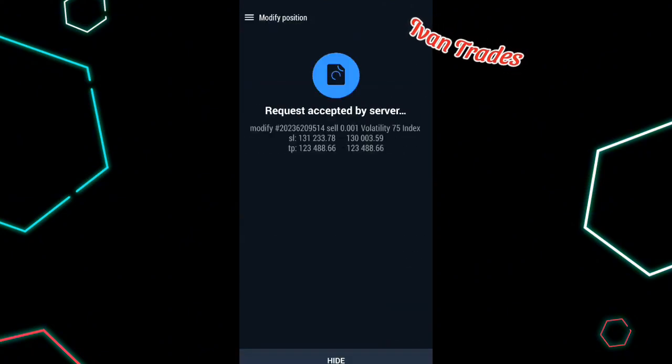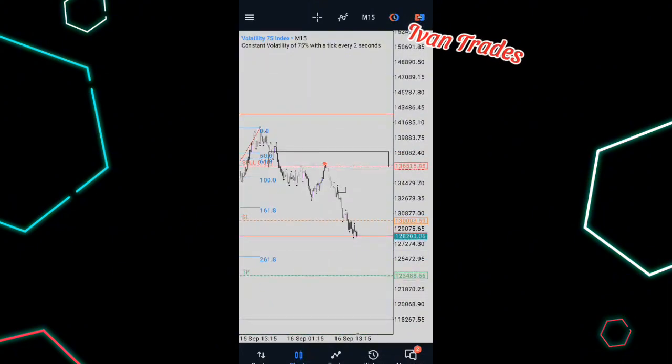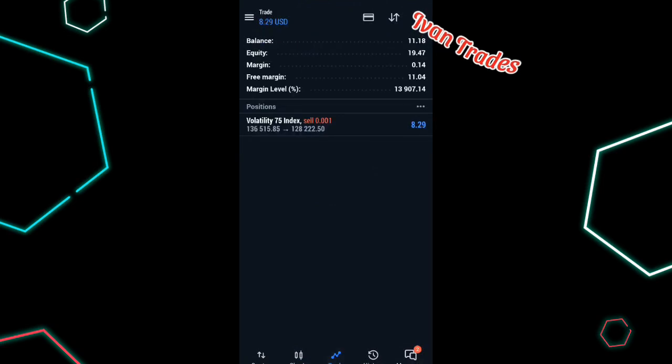We have locked in like $6 so far, so let's just wait and see where the price will take us. So it's $8 so far. So let's wait and see.